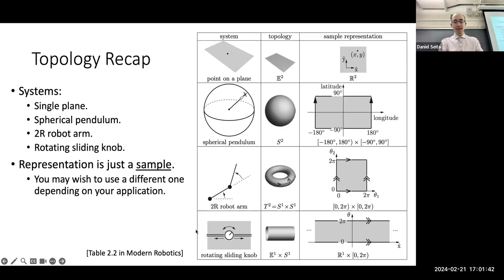Now for a rotating sliding knob, the topology is like a cylinder because you can move all across the longer part, and then the rotation is about the circle. Like if you take a cross section, you get a circle. And the sample representation would be the real line, the composition of the real line with an angle.